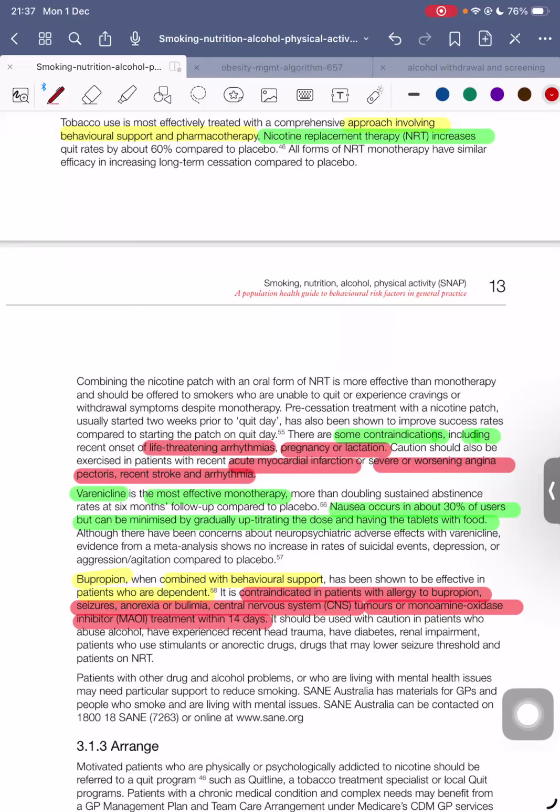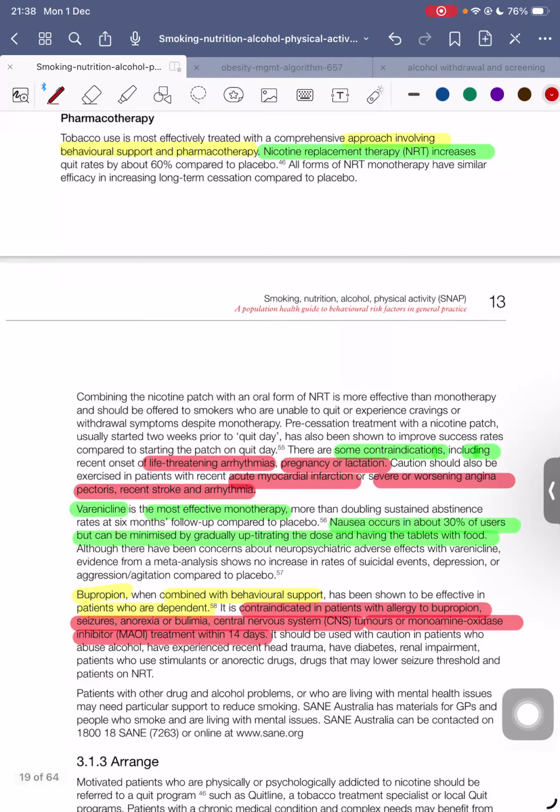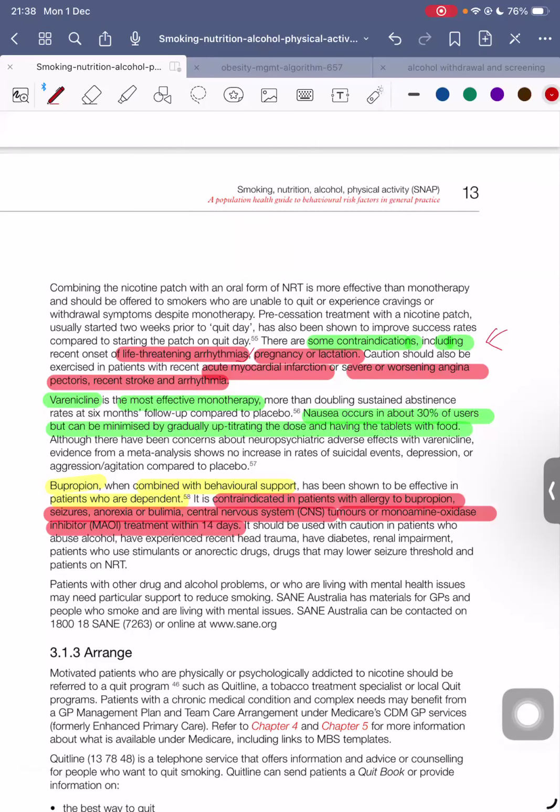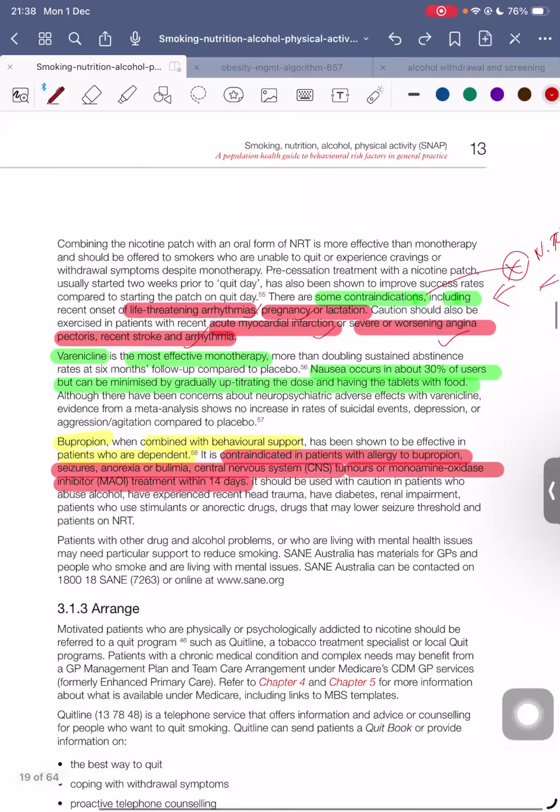Nicotine replacement therapy efficacy is like 60%, but if the patient has life-threatening arrhythmia, pregnancy or lactation, or acute MI, severe worsening angina, recent stroke or arrhythmia, we are not giving nicotine replacement therapy. Okay, it's contraindicated, right? So remember this point as well.